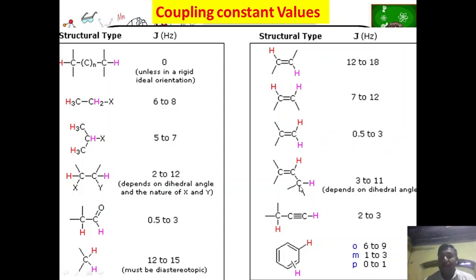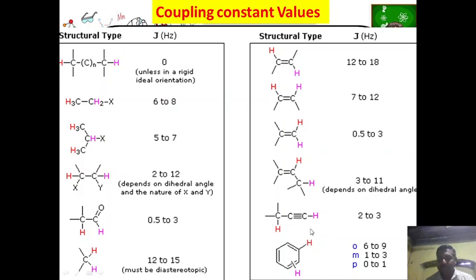Then the allylic hydrogen of this compound has a coupling constant of 3 to 11, depending on the dihedral angles. For an alkyne, the proton coupling is not vicinal or adjacent, it is far away, and shows a coupling constant of about 2 to 3 hertz.